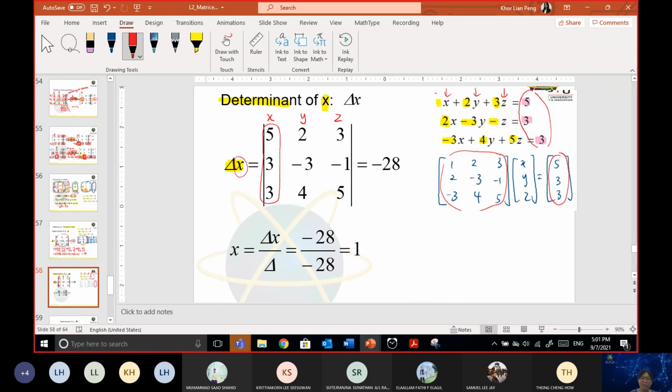So you replace the first column with 533. The rest of the columns, y and z, remain. Get it?